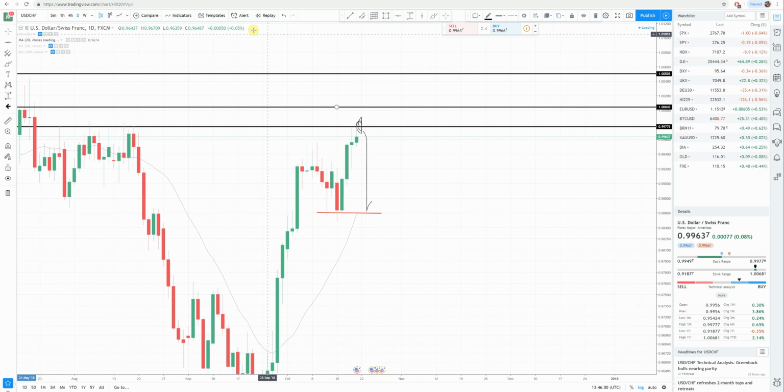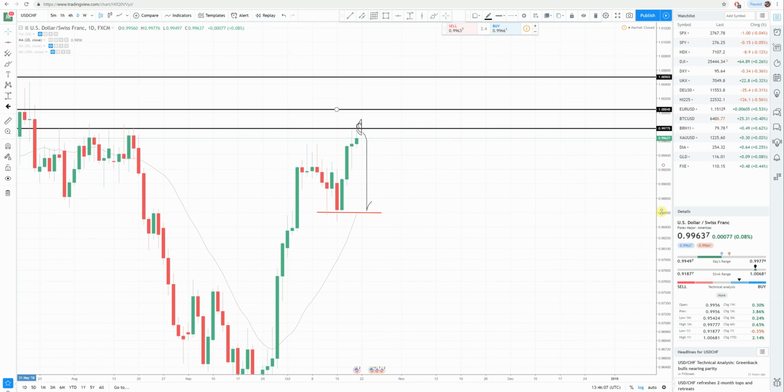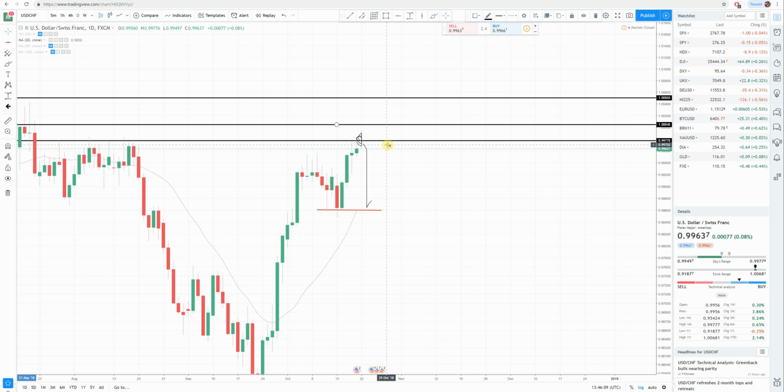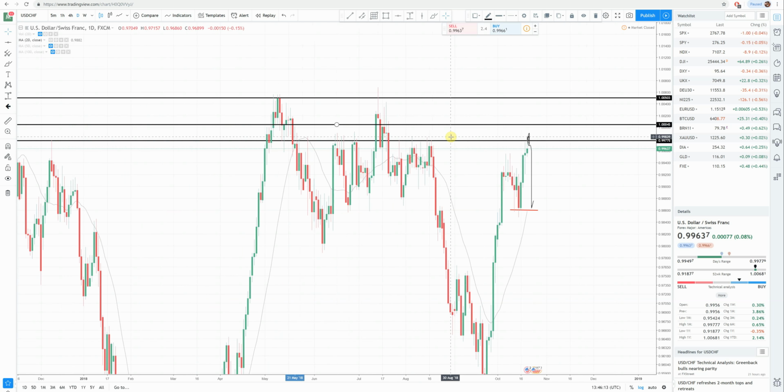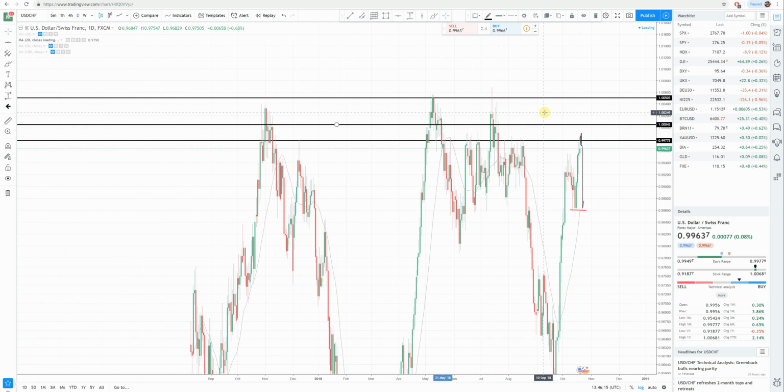Which means, for me, I would rather wait for, if it breaks 0.997 level, I will rather wait for it to break this peak at around 1.005.